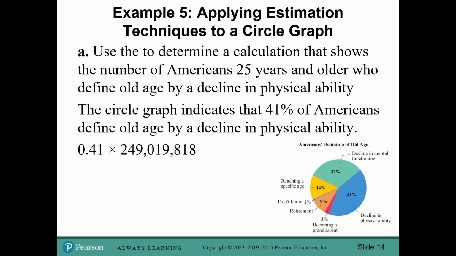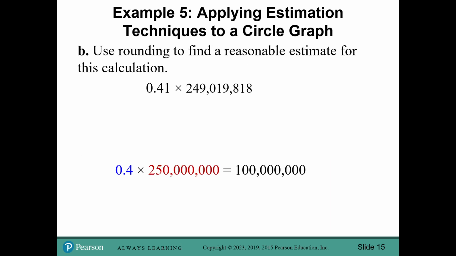So, if we want to find the actual number of people who think that old age is defined by a decline in physical ability, we would need to take that 41%, that percent in this pie over here, and multiply it by the actual number of people we have, which is 249,019,818. Okay? That would be the math that we would actually need to do. Now you could easily do that on a calculator. But let's assume that we were trying to estimate this, maybe in our head.